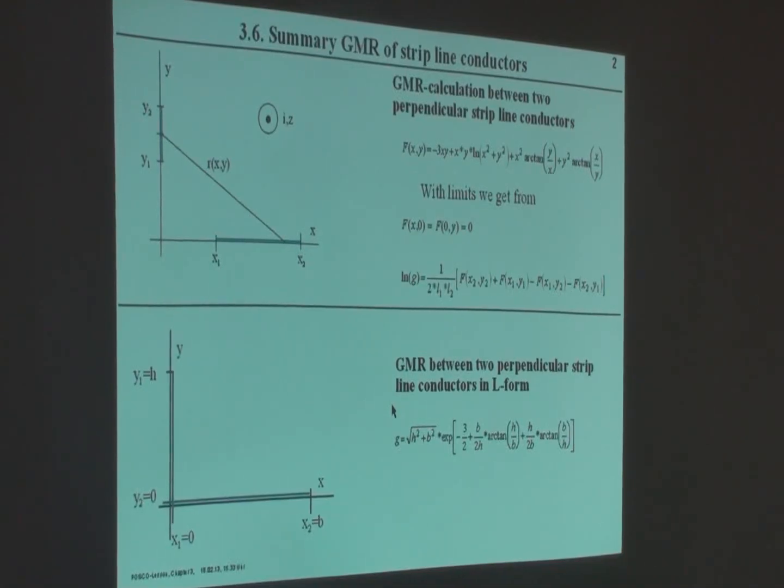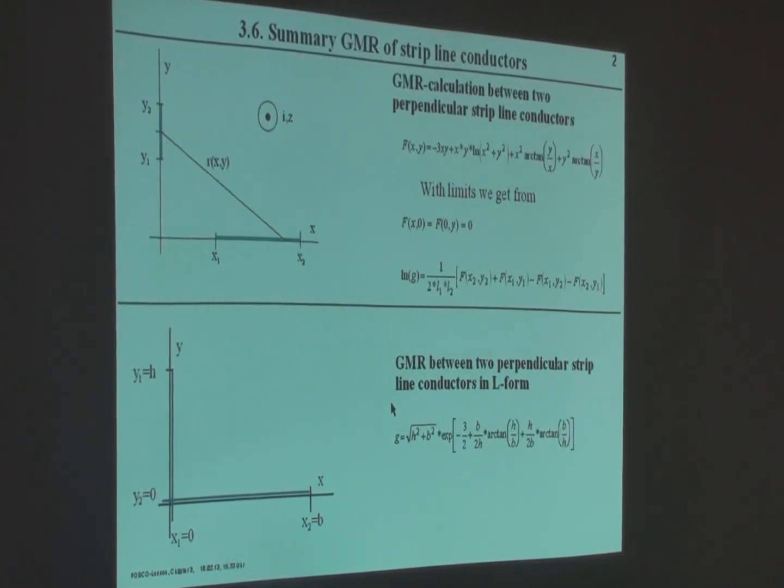In the program, you have only the possibility of full-plated to full-plated, full-plated to half-plated, and three-quarter plated, in the outer phases.